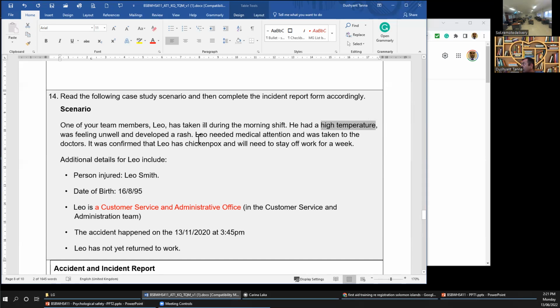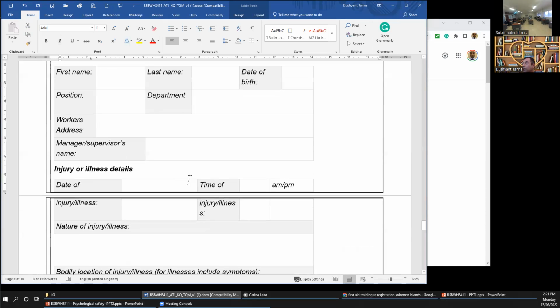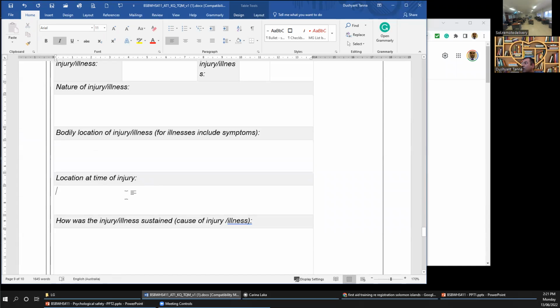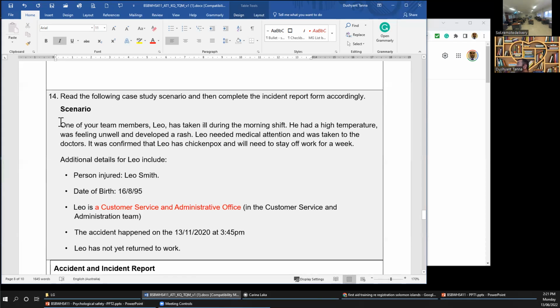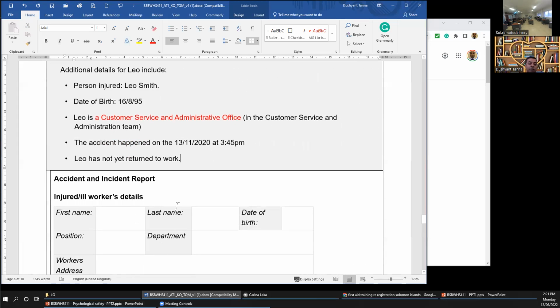Yeah, and developed a rash. Yeah, so you can say rash around the neck or body part, rash on a body part, you can say that. Location at the time of injury. So location was at the office. Yeah, at the main office or at the office.